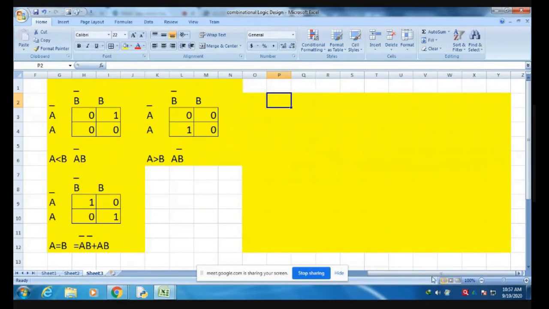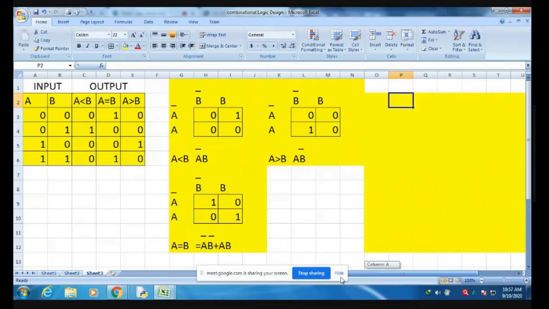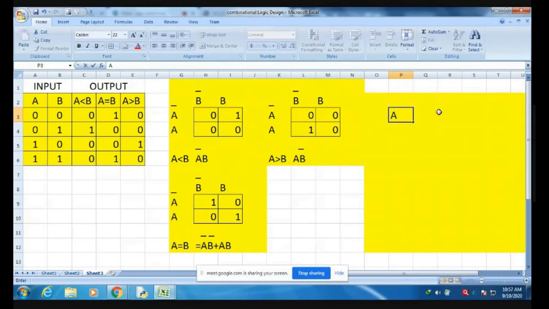Here, how many inputs are there? Two inputs. Yes, there are two inputs. So here I consider A as the first and B as the second.